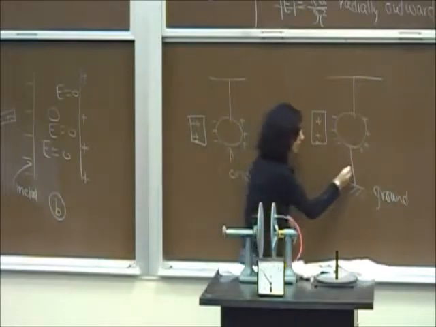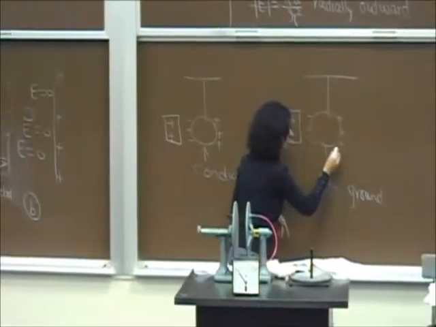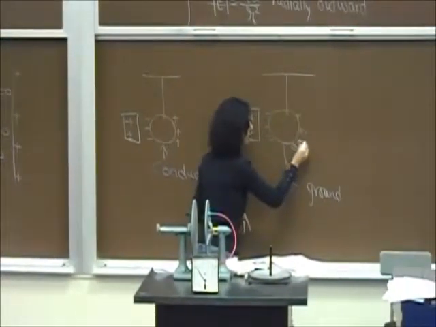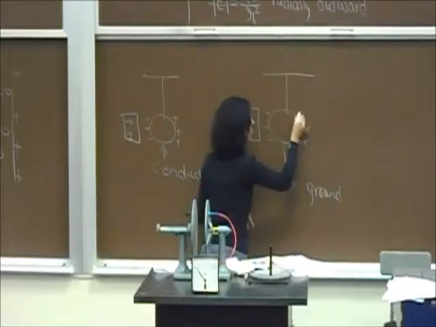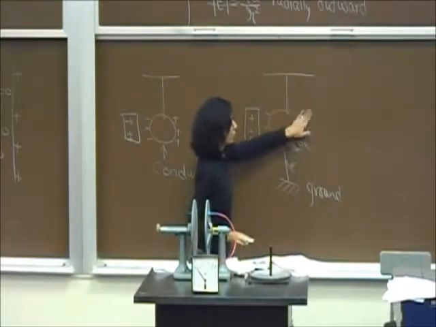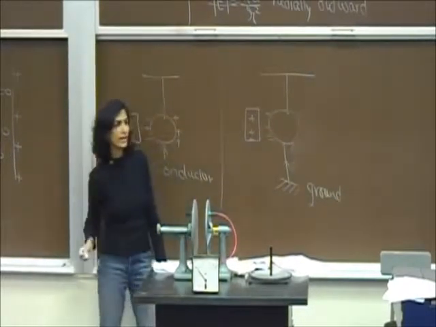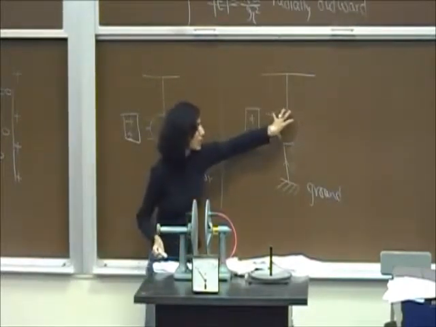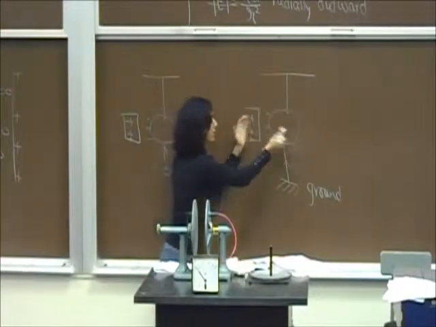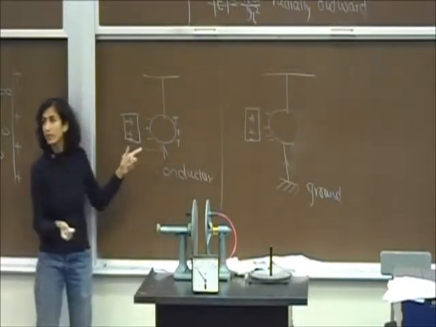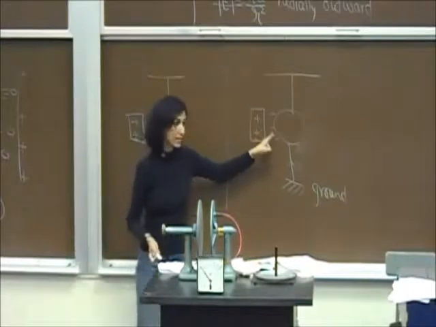So electrons will come from the ground, exactly, and they'll neutralize these positive charges. So you don't have any net charge on this surface, right? Is the force between this metal ball and this thing more here than here? Yes, the attraction is greater here.